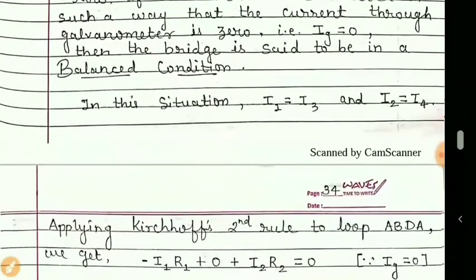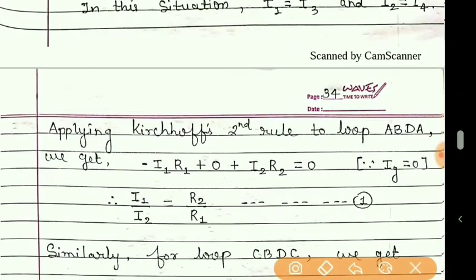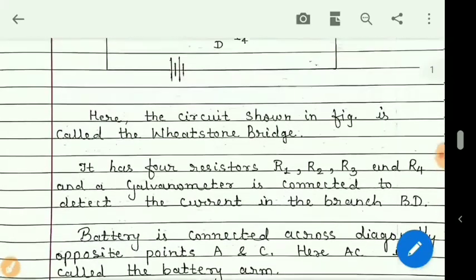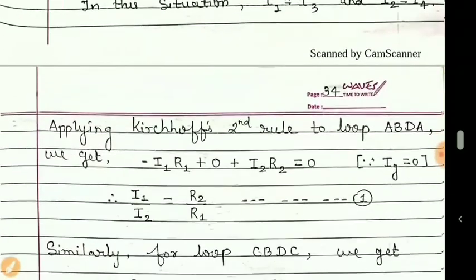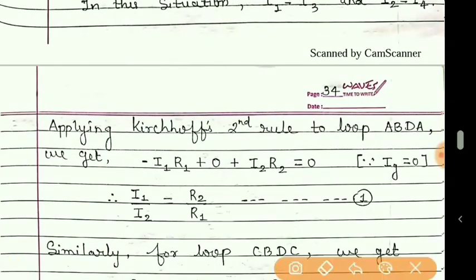Students, you can see the same thing here: 0, because no current was flowing in that branch, and positive I2 R2. Starting from A, we are reaching A, so it equals 0. No battery is there in between for this loop, so equal to 0.